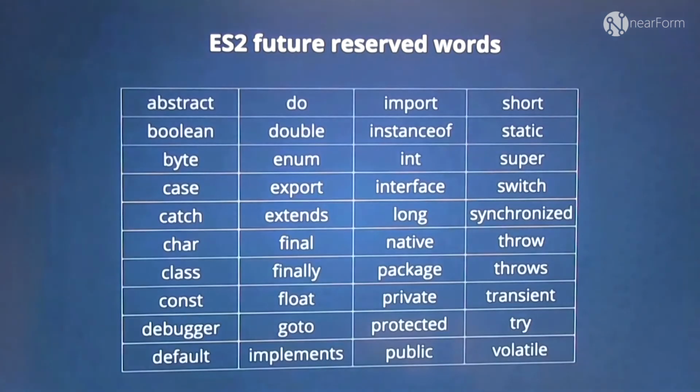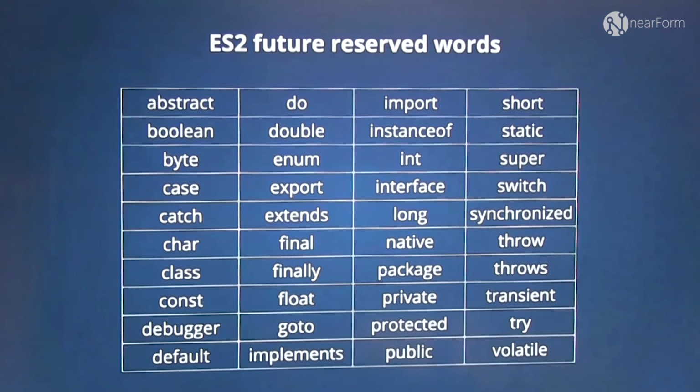I wanted to look at the future reserved words for this specification. And there were a lot. Today, on the specification, you wouldn't see this kind of reserved words. But back then, they were added.